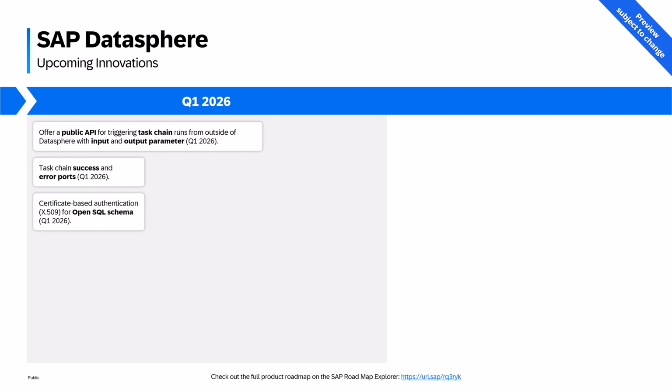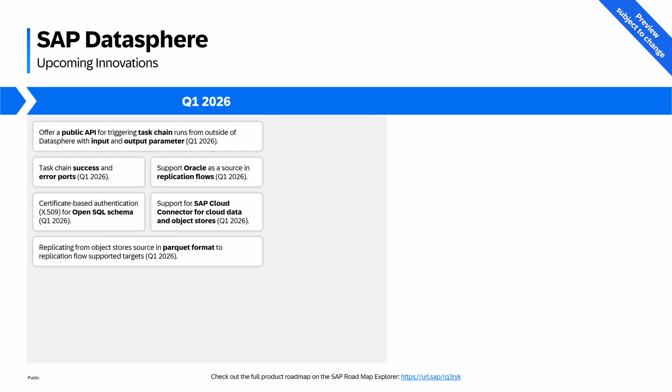Before that, we also plan to introduce success and error paths on the task chain side, and on the Open SQL schema side, we plan to introduce certificate-based authentication.